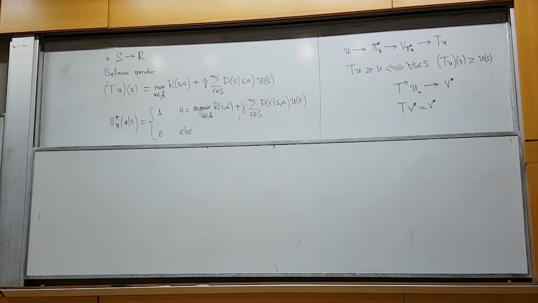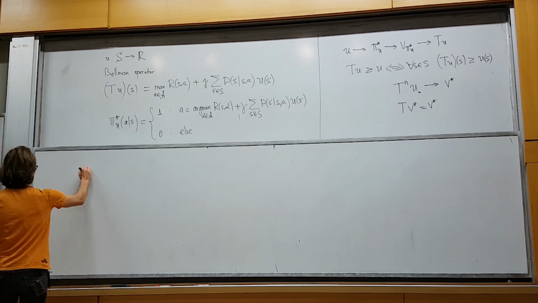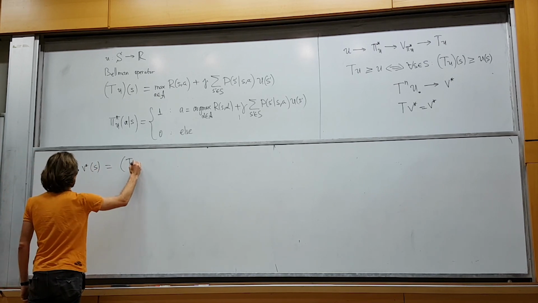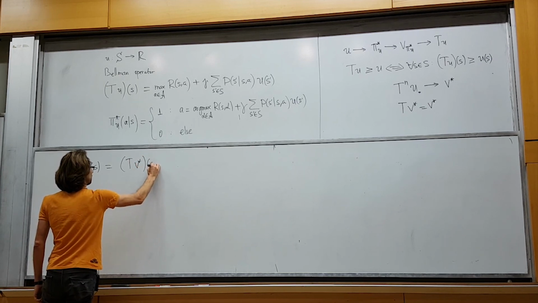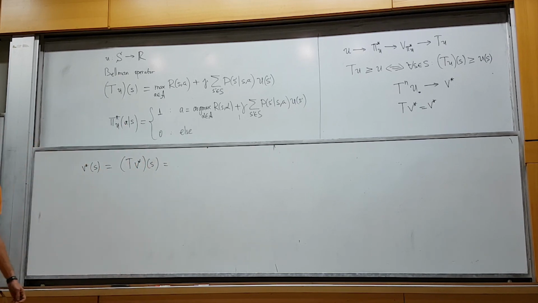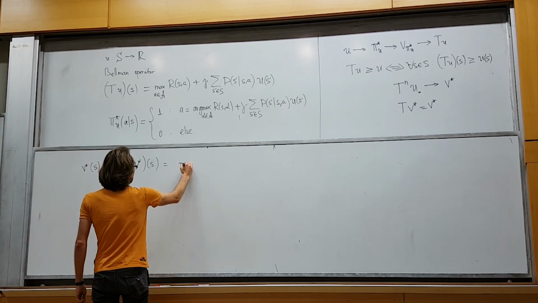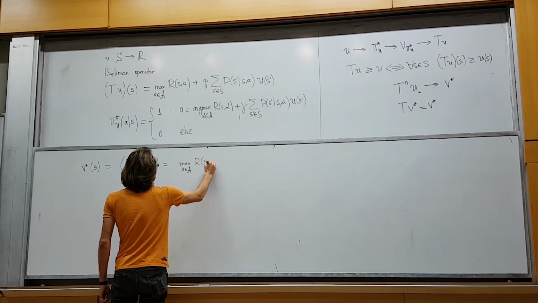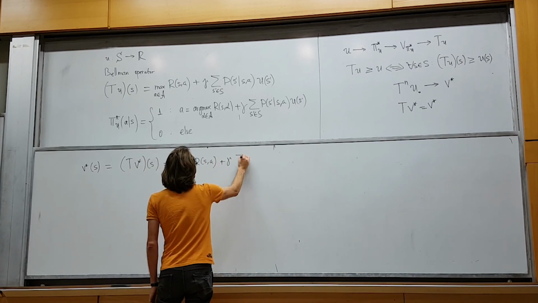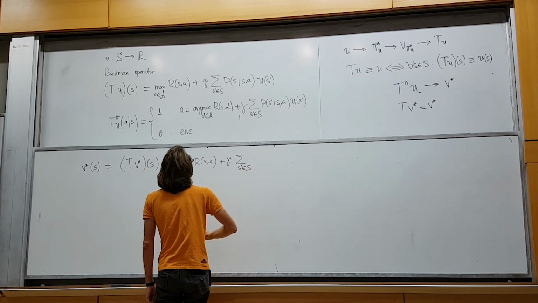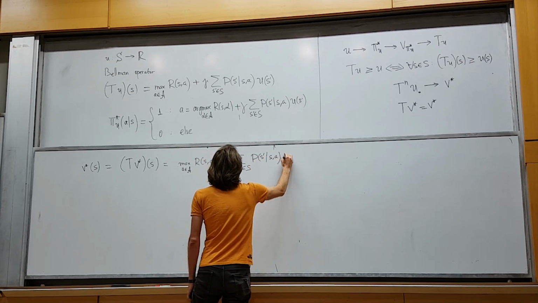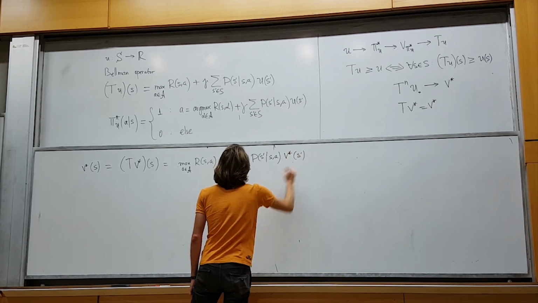V star at state S has to be equal to P V star at S, which will be equal to max over A of R(S, A) plus gamma times the sum over S prime of P(S prime | S, A) V star(S prime).